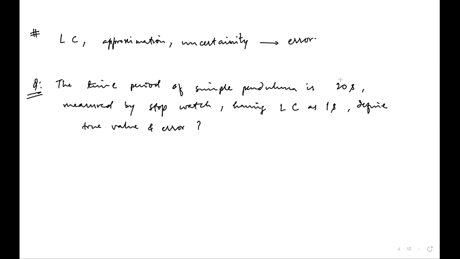So you will see this particular term will be true value and this particular term will be the error. Means whenever you have least count, approximation or uncertainty in the statement, all of these three terms will define nothing but the error part. So from this, you will say time period will be equal to 20 plus minus 1 second.